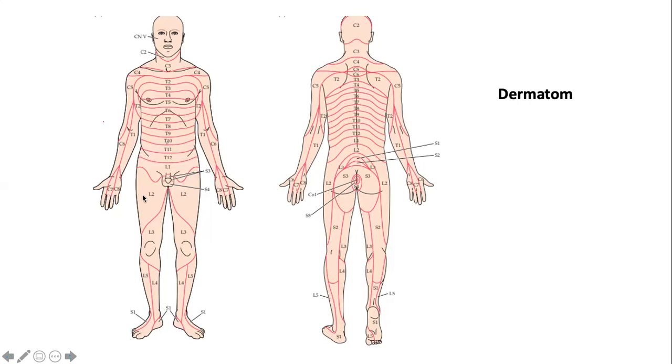As we mentioned, the spinal cord ends at L2. So usually if there is a lesion in the spinal cord, the sensory change will be up to here to L2, but any sensory changes below this area, okay, it means that the lesion is not in the spinal cord, it will be in the peripheral nerve. For example, I have a patient who presented with weakness and I then start to do the examination.